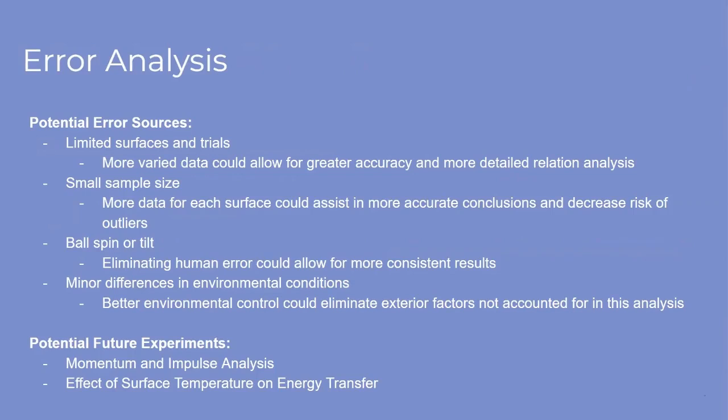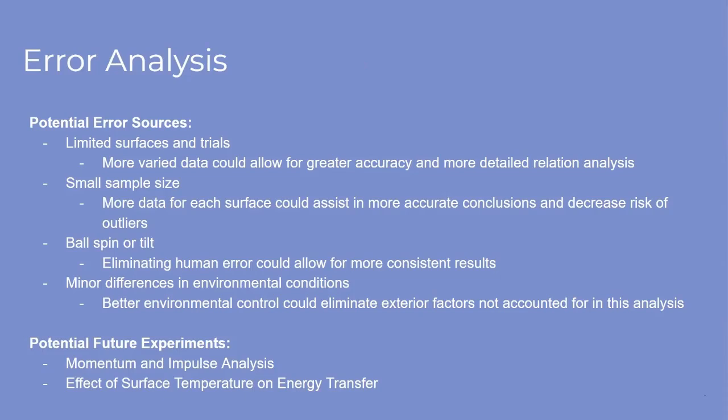We also had a very small sample size, so we only tested 3 surfaces at 3 heights, which is 9 total combinations, which is enough again to produce reliable results. However, it would be interesting to see the effects of more intermittent or more diverse sample sizes.